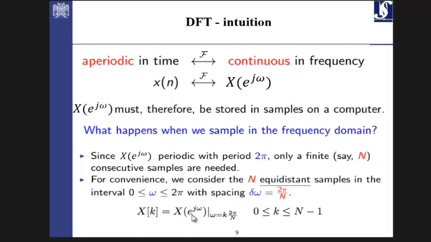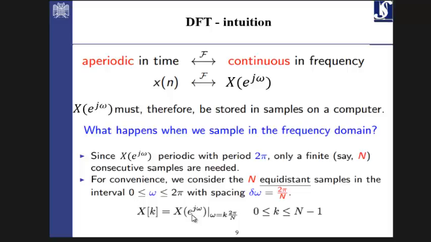The period is 2 pi. The consecutive samples come with an equidistance of 2 pi over N. The more N you assign for sampling, the higher the resolution of the step you will take in the DTFT sampling.